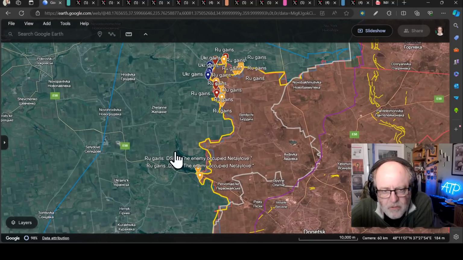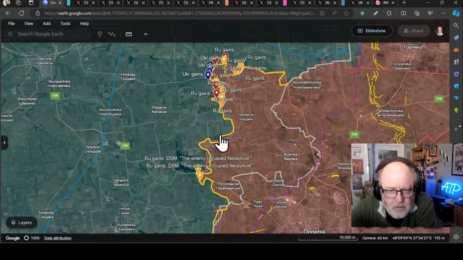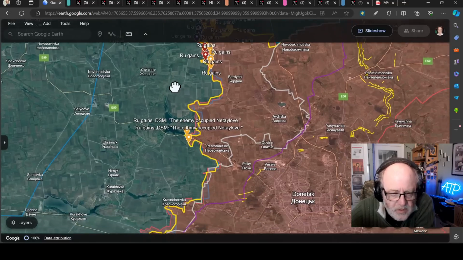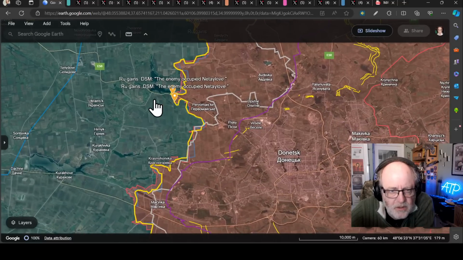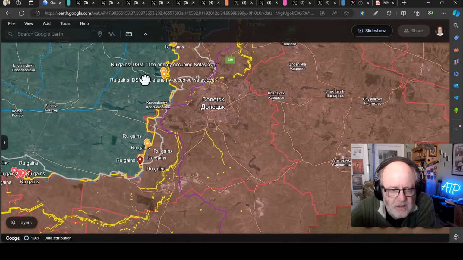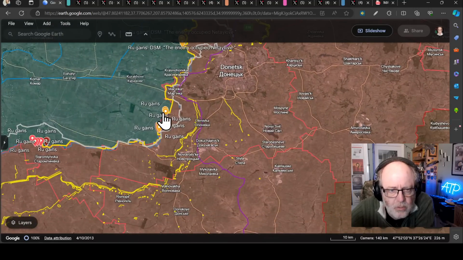This is often called the Pokrovsk direction. There's a bit of a pocket there. You can see they would obviously like to equalize that whole front line. But yeah, Deep State Map saying the enemy has occupied Netalove, so that's the acceptance that small place has fallen to the Russians.